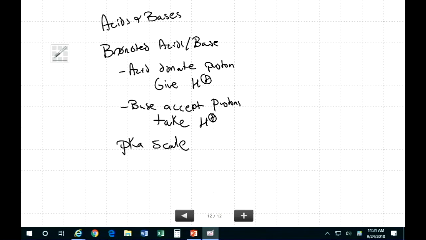The pKa scale is a scale we use to measure acids and bases in organic chemistry, because it doesn't rely on water.